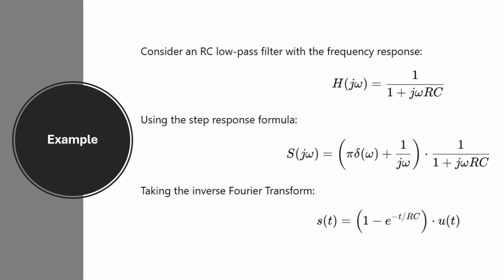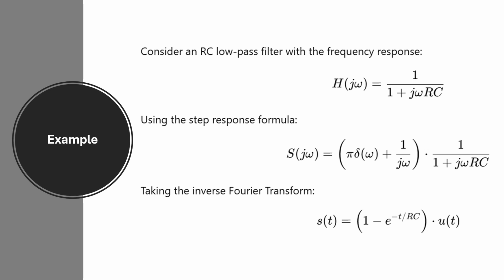So here U of omega is equal to 1 by j omega, and H of j omega is 1 by 1 plus j omega RC. So simply the product of the unit step and the frequency response will be the unit step response of the particular function. Now, if you wanted to convert it into the time domain, then you can convert back using the inverse Fourier transform. Finally, the output will be 1 minus e to the power minus t by RC.